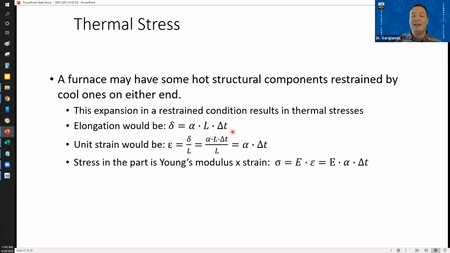This means that if we heat something up and it's going to expand, it would have elongated a certain distance, but if it's restrained, it's generating a strain instead, and that's going to generate a stress. So we can get our stress from the Young's modulus of the material times the coefficient of thermal expansion times the change in temperature.